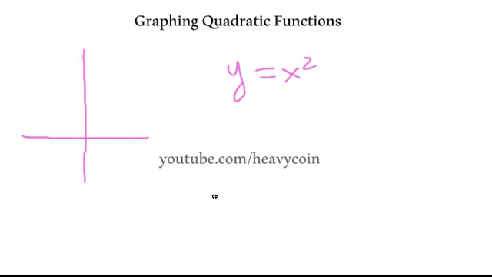If I had to figure out how to graph this, what I would simply do is, this is my x and this is my y over here. Take 0, plug it in, you get 0 out. Take negative 1, square that, you get 1. So you're just plotting points. So 0, 0, negative 1, 1. Plugging in 1 into this, you get 1 out.